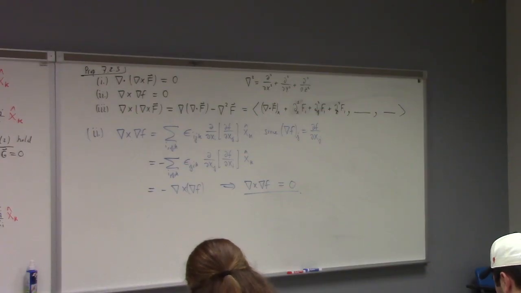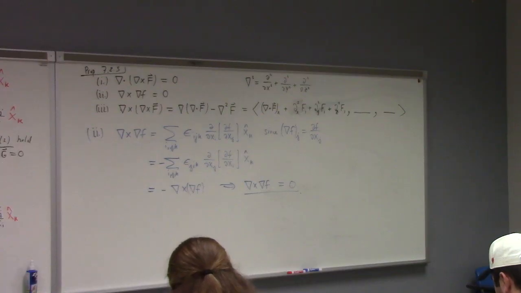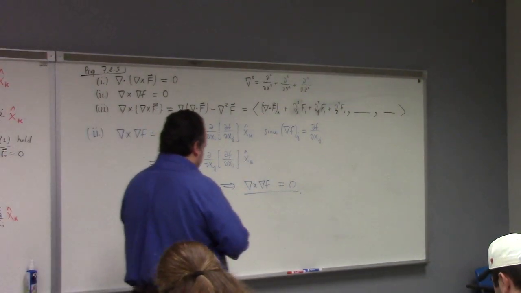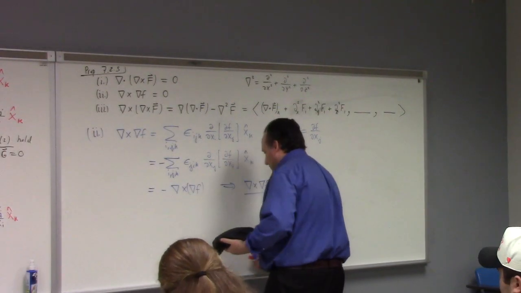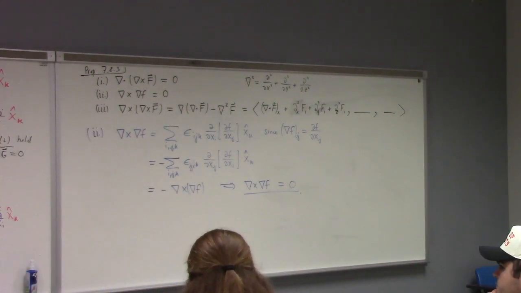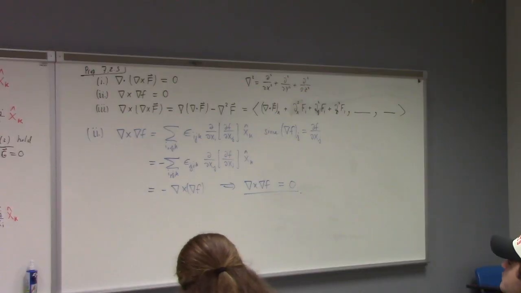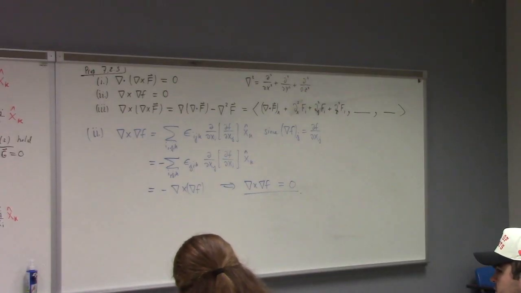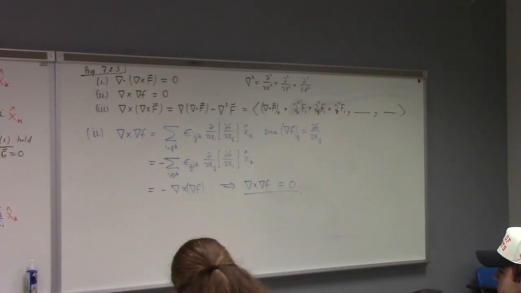All right? Now, I introduced a question last class, which was, is it possible for a vector field to be the gradient of another function? This identity that we've just discovered is very helpful towards that aim. Let's think of a hypothetical vector field, all right?